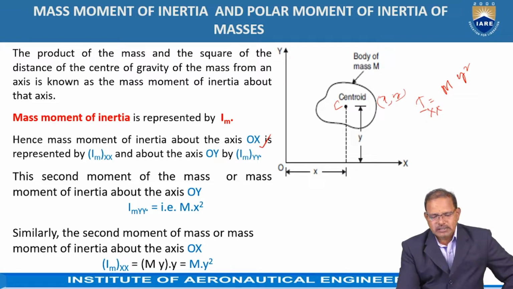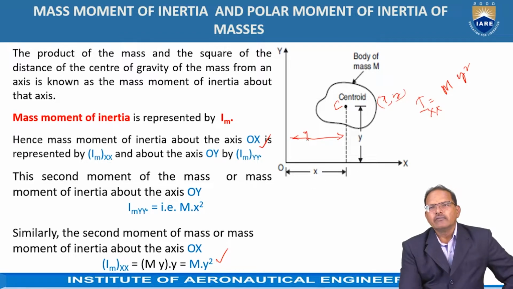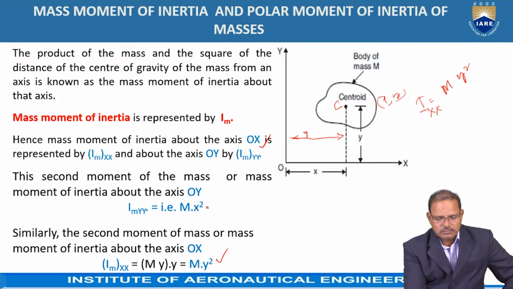Hence, with respect to the x-axis, Ixx is equal to mass multiplied by the square of the distance, m y square. Similarly, the mass moment of inertia of the body with respect to the y-axis, since the distance is represented in terms of the x coordinate, Iyy is equal to mass multiplied by the square of the distance, which is equal to m x square.